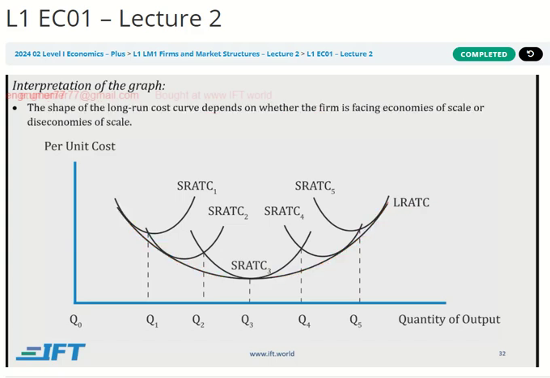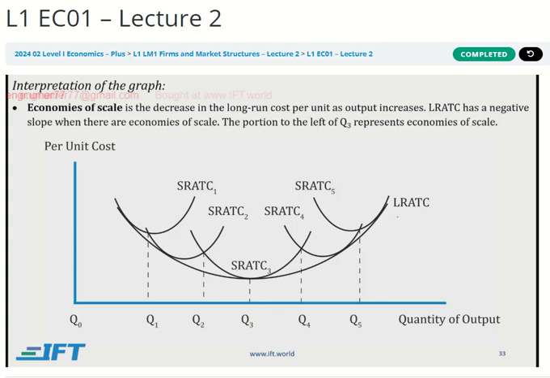And the shape of the long run curve depends on whether it is facing economies of scale. So this part is economies of scale, that is why it's coming down, and then the diseconomies of scale starts, and hence the shape of the long run curve starts going up, right? So economies of scale is the decrease in the long run cost as output increases, where the slope of the long run curve is negative.